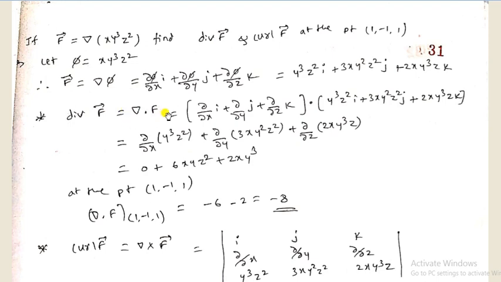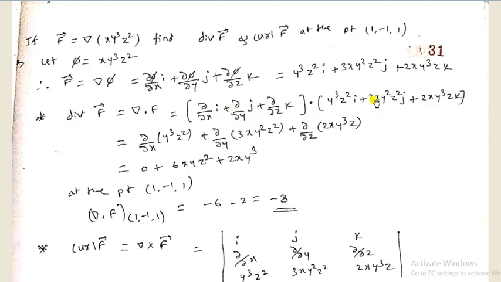With the help of vector f, now we will calculate divergence of f, that is del dot f. So del is dou by dou x i, dou by dou y j, dou by dou z k, dot vector f: y cube z square i, 3x y square z square j, 2x y cube z into k. So i dot i, j dot j, k dot k is 1. So y cube z square with respect to x is 0.